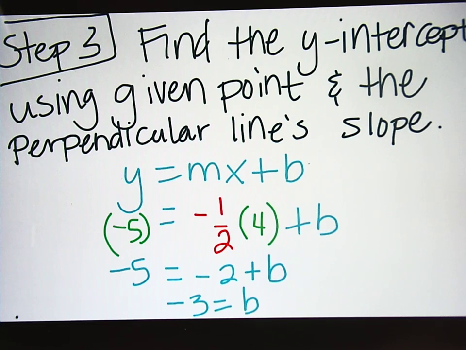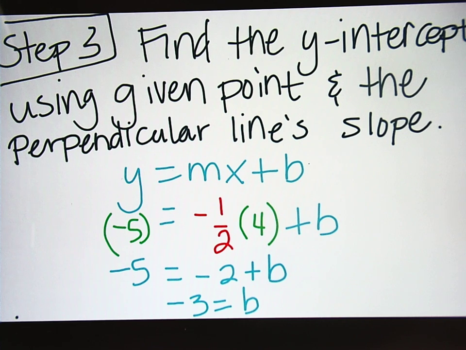Step 3, find the y-intercept using the given point and the perpendicular line slope. So again, here is our slope-intercept form, and all we're doing now is substituting the values that we have.